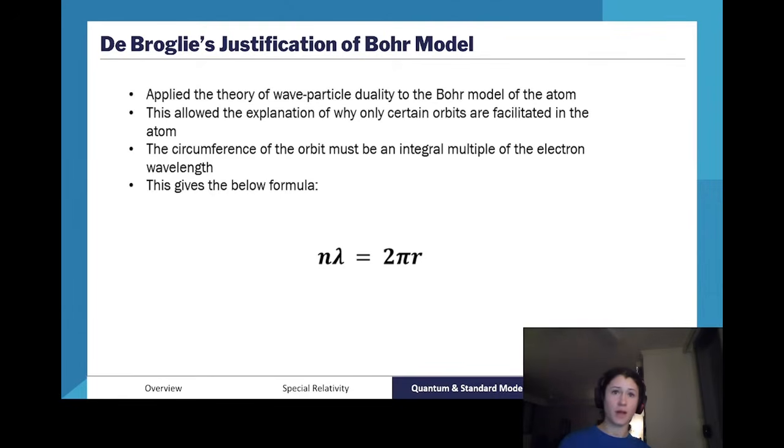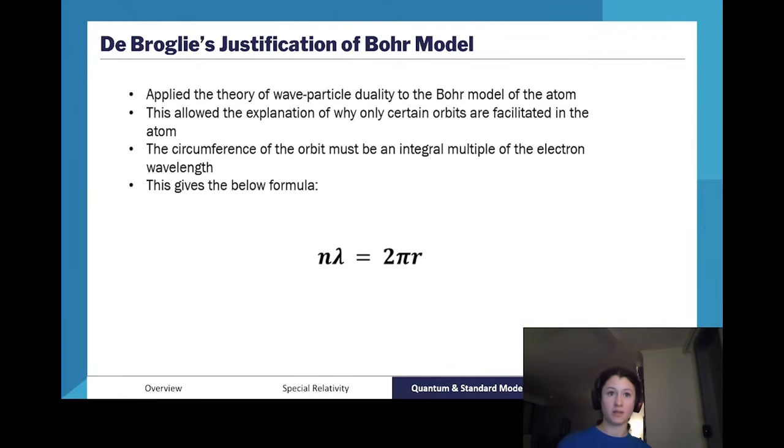So this applied the theory of wave-particle duality to the Bohr model of the atom, and this allowed the explanation of why only certain orbits are facilitated in the atom. So the circumference of the orbit must be an integral multiple of the electron wavelength. What this essentially means is it must be a whole number, remember, an integral is a whole number.